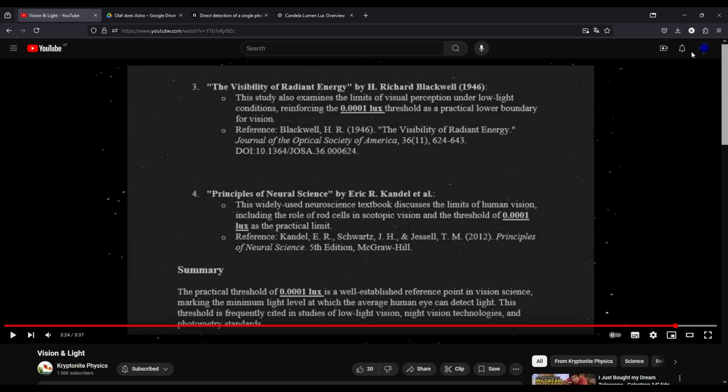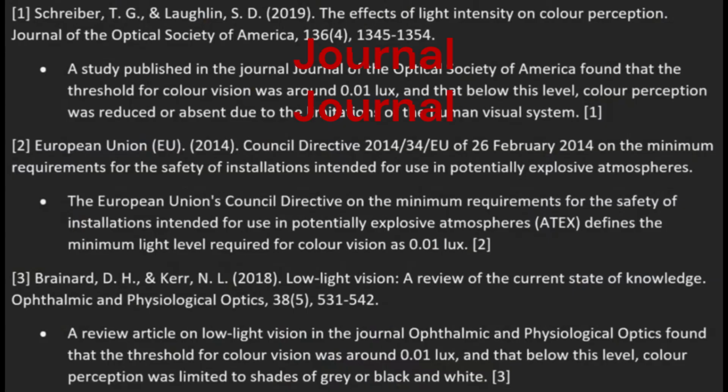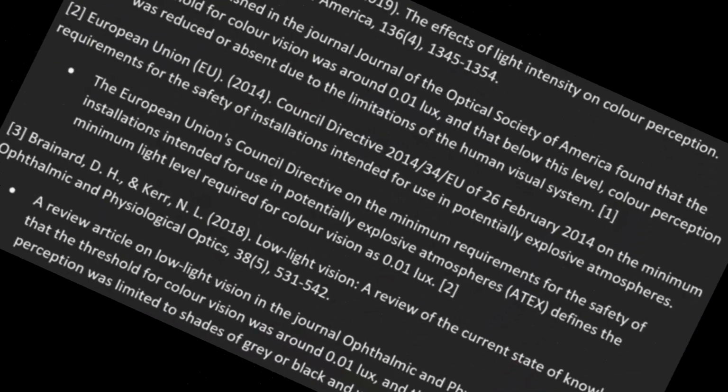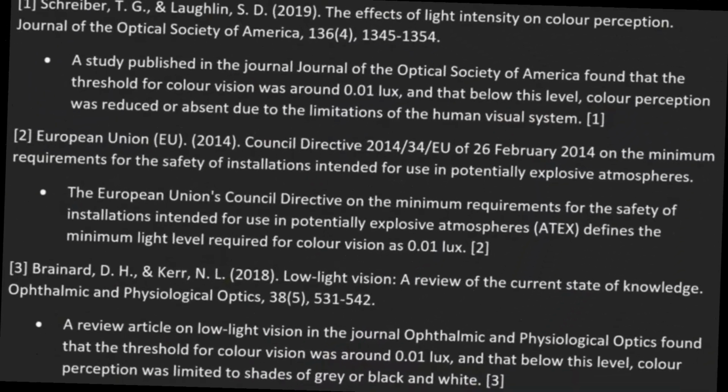A study published in the Journal of the Optical Society of America found that the threshold for color vision was around 0.01 lux, and that below this level, color perception was reduced or absent due to the limitations of the human visual system. The European Union's Council Directive on the minimum requirements for the safety of installations intended for use in potentially explosive atmospheres defines the minimum light level required for color vision as 0.01 lux or black and white.